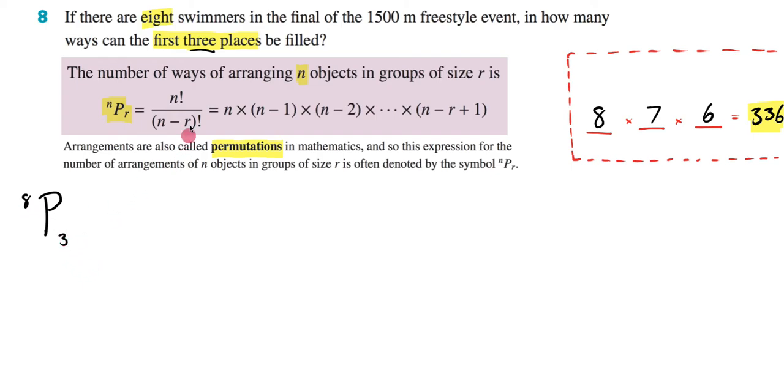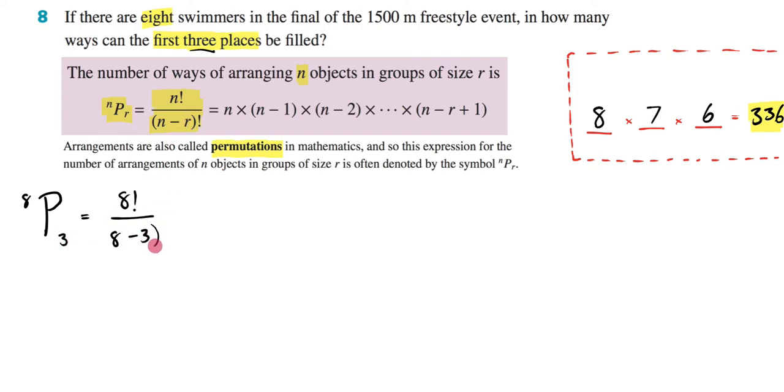Now, how could we move on and write it like this? Because we know that this is going to equal this. Well, I could say equals, and it's going to be n factorial. So my n, that's 8. So it's going to be 8 factorial divided by n minus r. Well, n again is 8 minus r. r is 3.